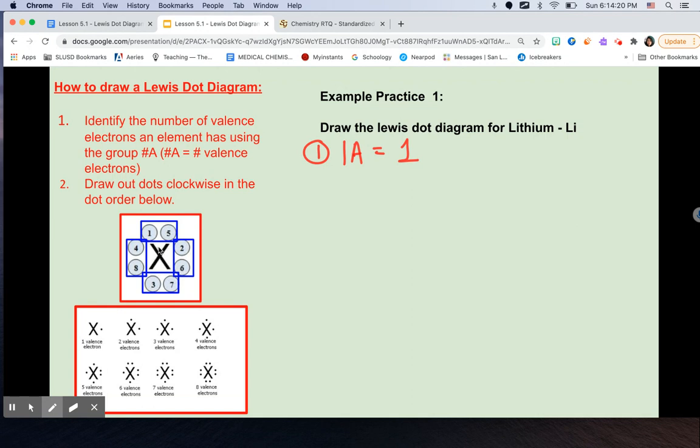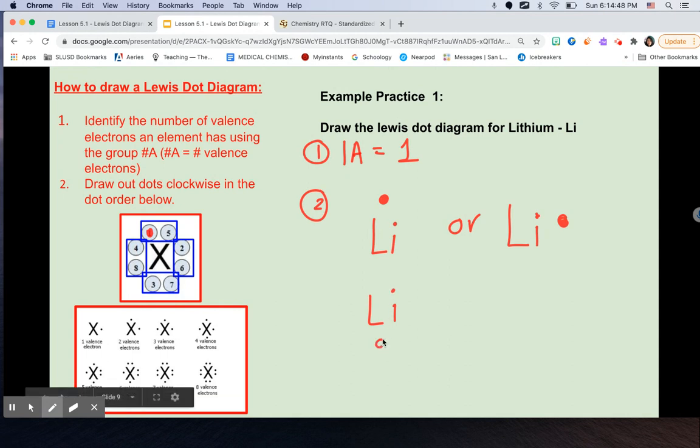So using this X as an example, if I just need to draw one, I'm going to draw the symbol Li for lithium, and then one dot up top. So that's this one over here. Notice that in this example, it's drawn to the right, and that's okay. Or Li this way. You could also draw it at the bottom.